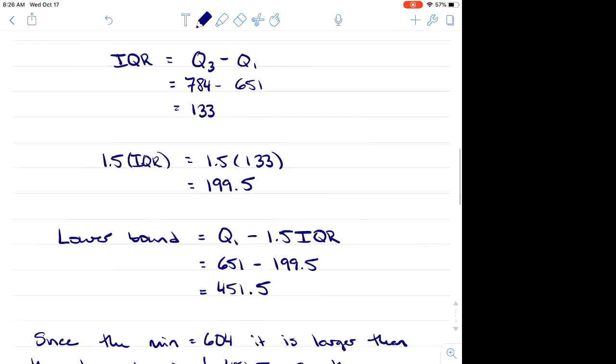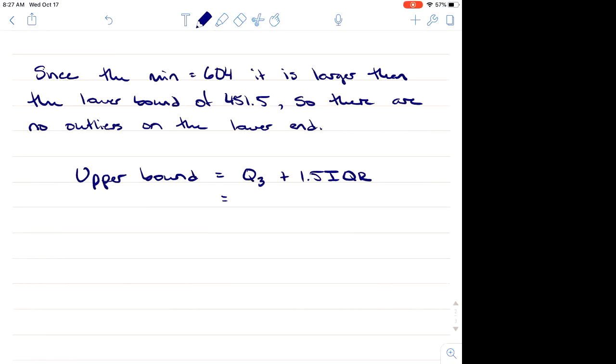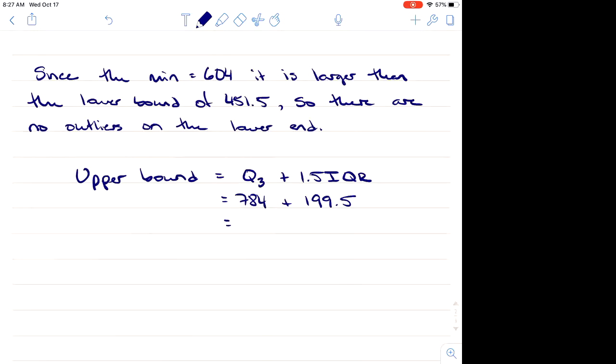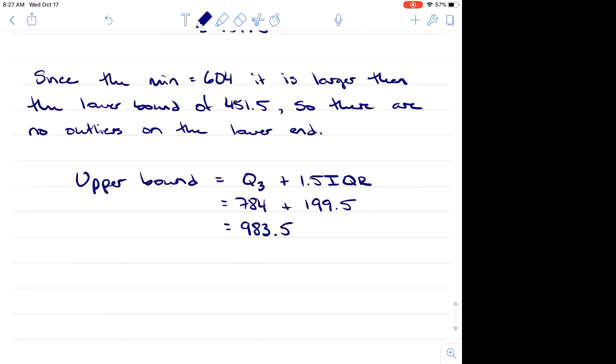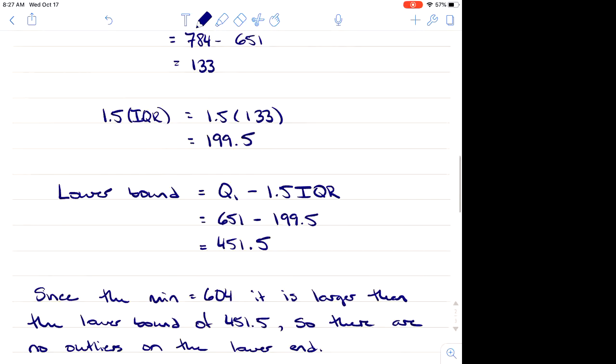Q3 is 784. 784 plus 199.5 is 983.5. So same thing, any values larger than 983.5 is going to be considered an outlier.